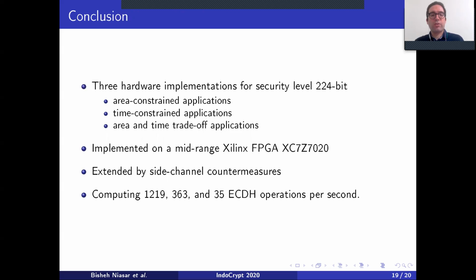All of our architectures are implemented on a mid-range Xilinx FPGA. And our implementation is a variable base point implementation extended by side channel countermeasures. As you see, we can provide different performance required for different optimization goals.